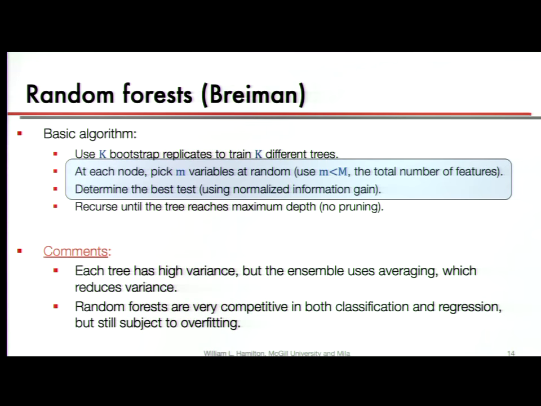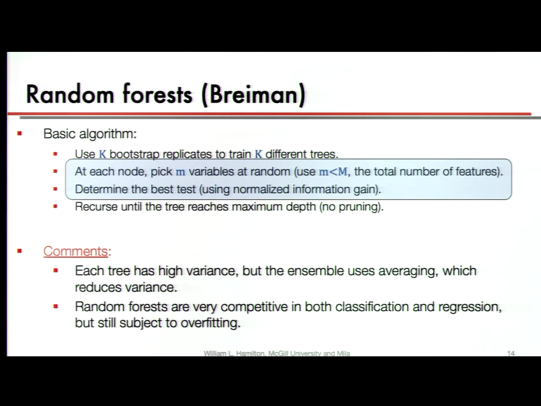So what this does is that we're actually introducing more variance into the learning process. So rather than choosing the best test, we're adding a bit of noise in there. And this noise is actually going to serve to introduce more variance. So we're making the individual trees that we learn higher variance, even more unstable, because now our tree is going to be different depending on which little m we sample, so which set of variables we actually sample.